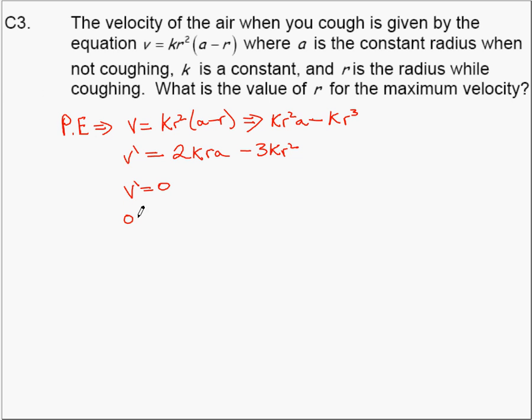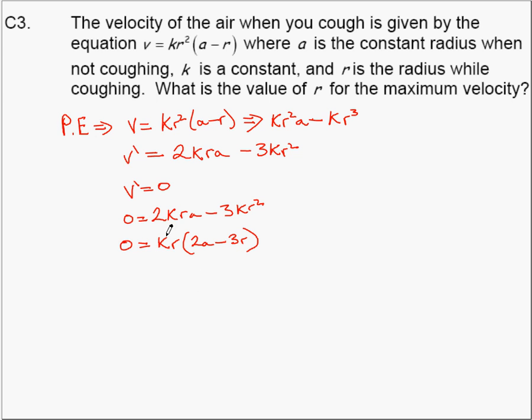So 0 equals 2k r a minus 3k r squared. If we now factor out r and solve the resulting equations, we get 0 equals, well, we can factor out k as well as common, so kr outside of (2a minus 3r).